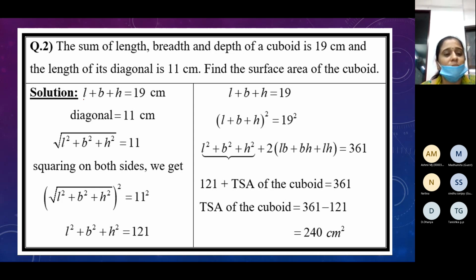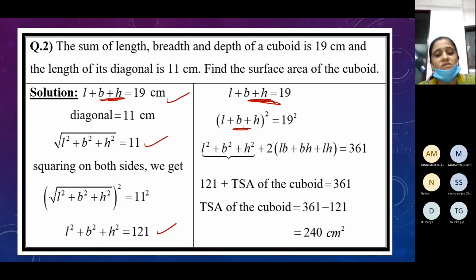So see here, L plus B plus H is 19. Diagonal is 11. That means root of L square plus B square plus H square is 11. Now, when you square this on both the sides, we get 121. Now, I've taken up this equation, L plus B plus H is equal to 19, and I'm squaring it on both the sides.